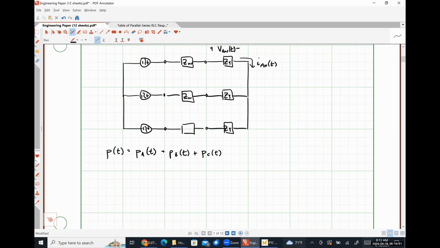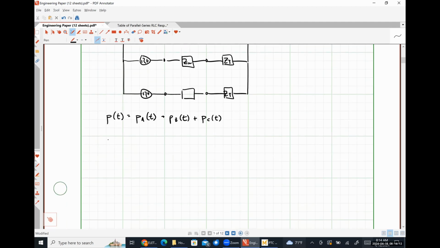So our total instantaneous power absorbed by our three-phase load would just be the instantaneous power absorbed by the A phase plus the instantaneous power absorbed by the B phase plus the instantaneous power absorbed by the C phase. Nothing, I don't think, too wildly difficult about that.